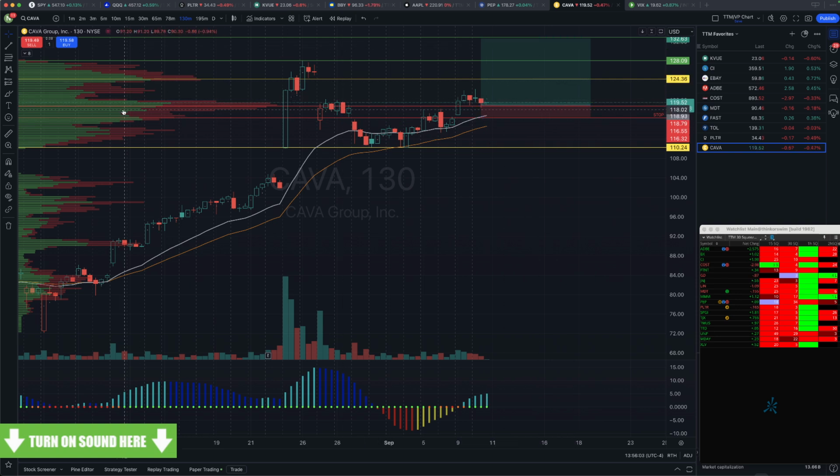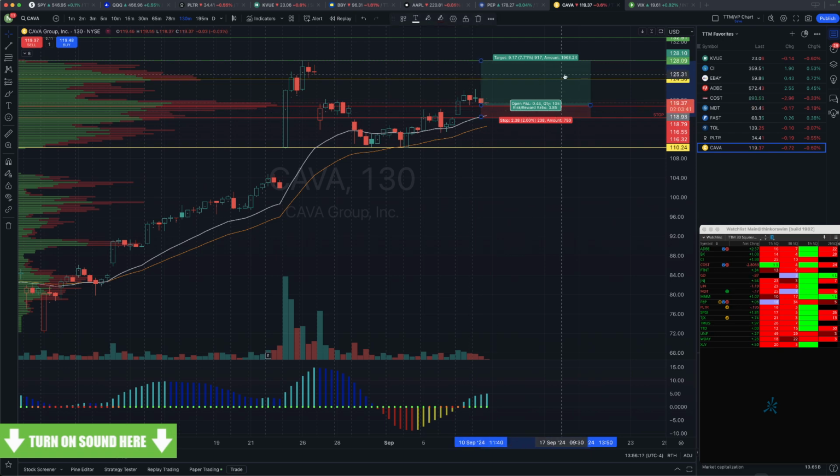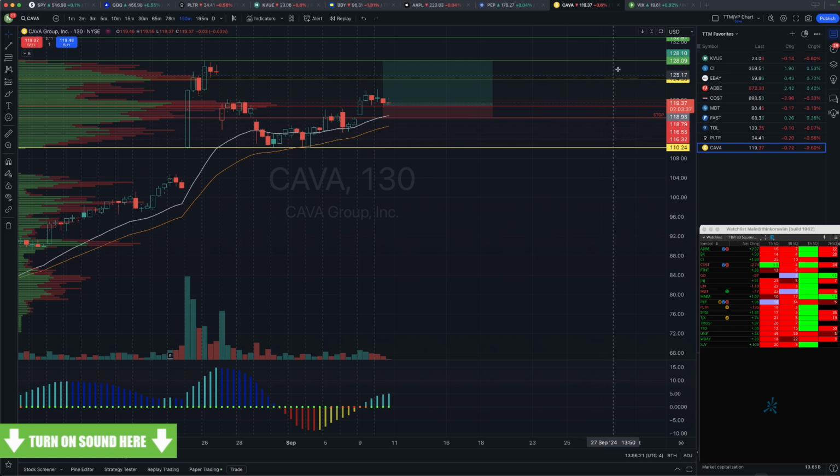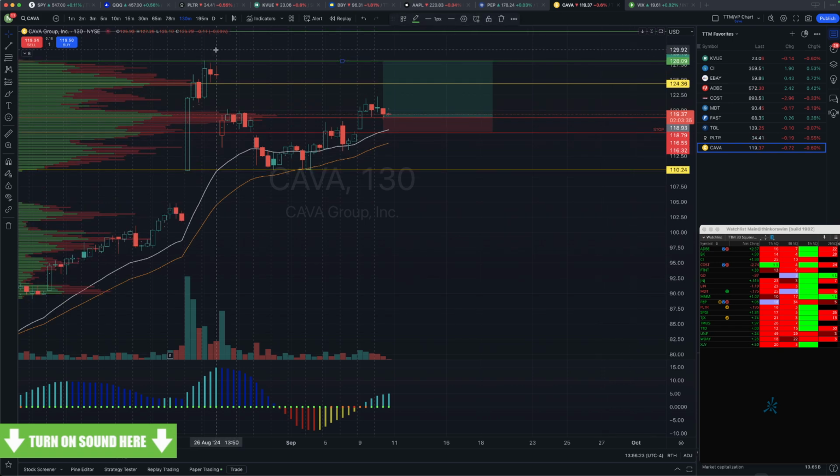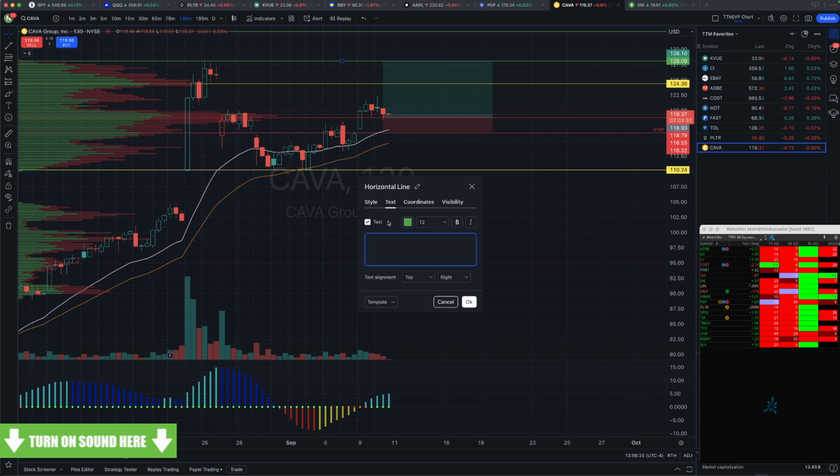Our risk reward based on that gap close, right? We can see a little over 5.5 to 1 to target number 2, and it's 3.8 to 1 to target number 1. So those are both well within our risk reward tolerances.